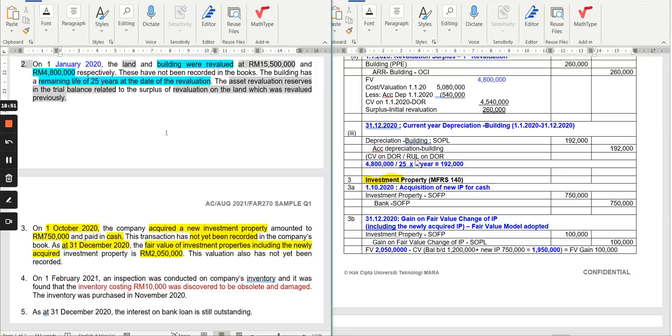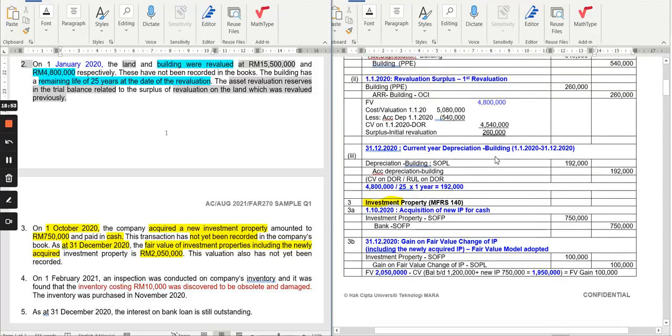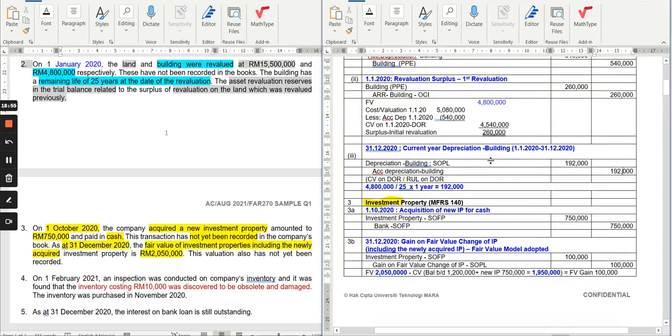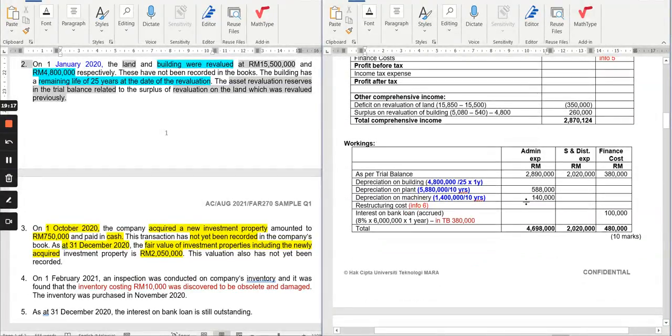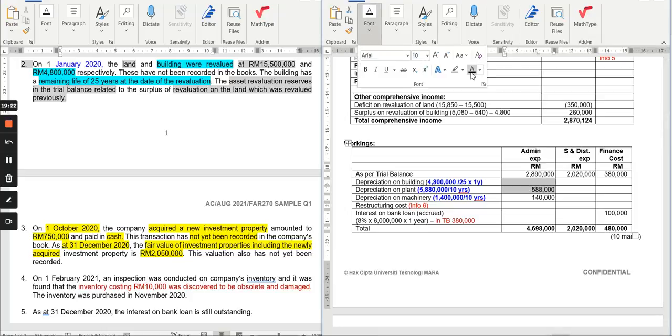So I am doing the depreciation for 1 year, so that is why I multiply with the figure here, and it is going to be 192. Carrying value on the date of revaluation divided by the remaining useful life on the date of revaluation. Next, don't forget to include that depreciation in the working section, as you get that. So this is going to be here in the working section, right?